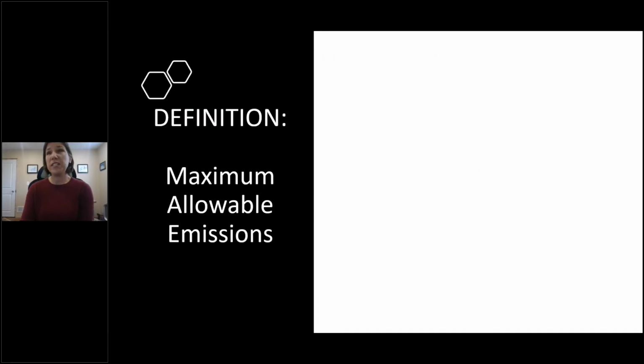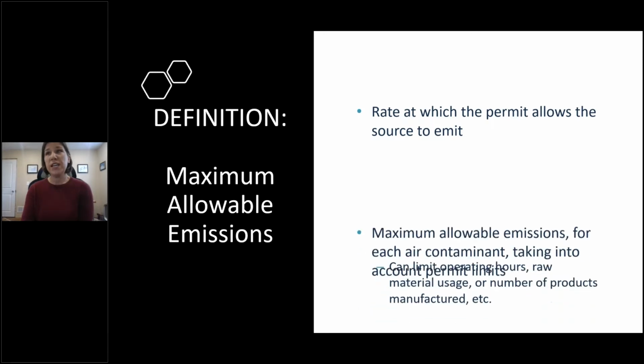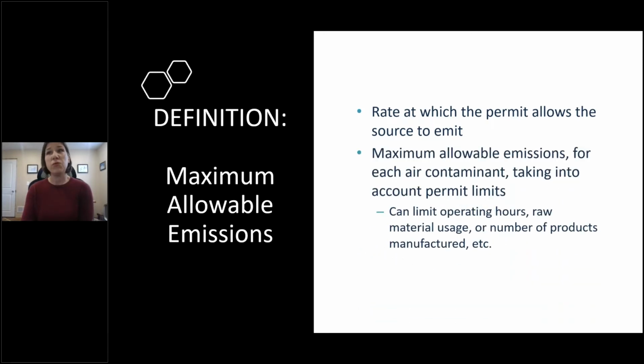Now, the maximum allowable emission rate is just how it sounds. The max allowable emissions for each air contaminant as allowed by your permit, taking into account any legally enforceable limitations like material throughput or production limits. In a permit application, it is helpful if you propose what you think your maximum allowable emission rate should be.